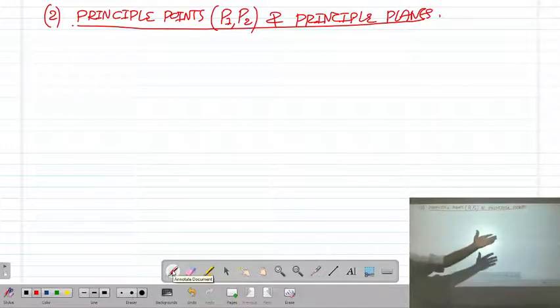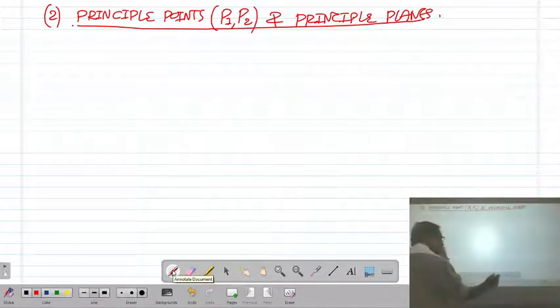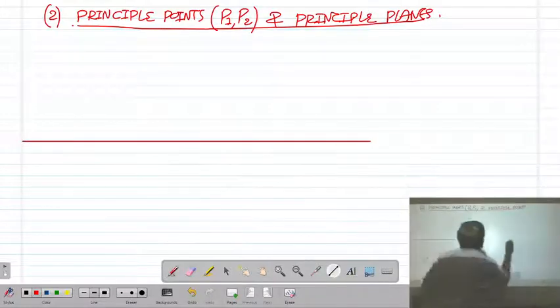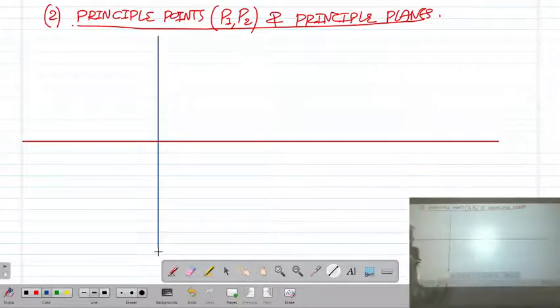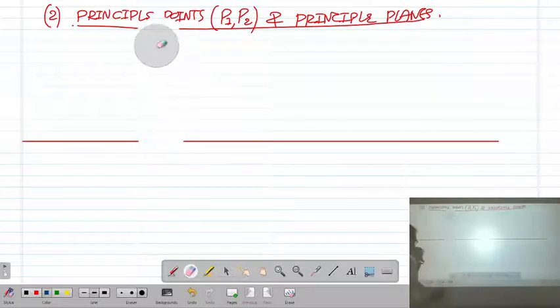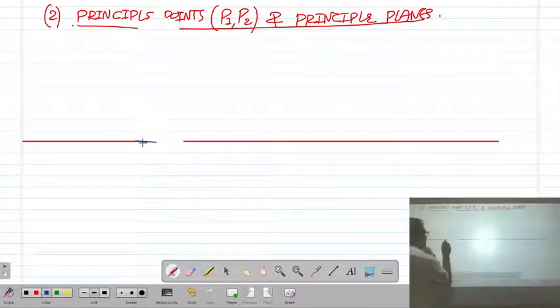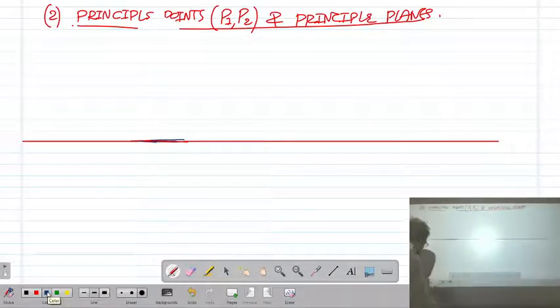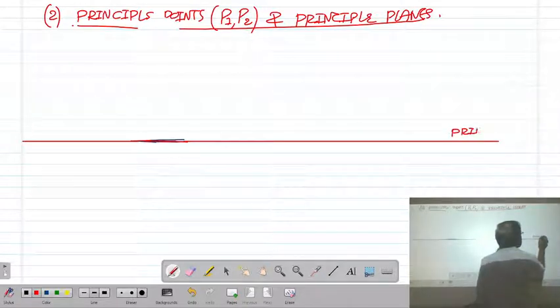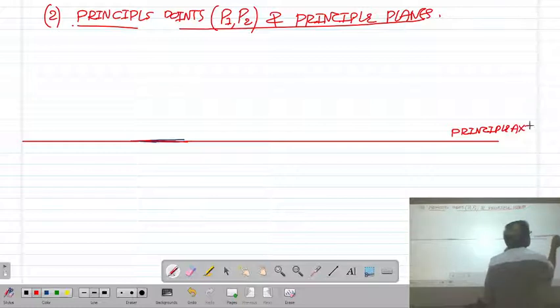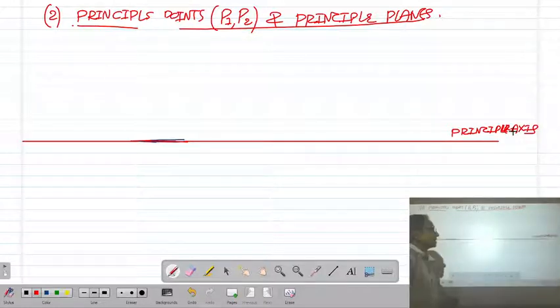For that, again, we consider a lens system consisting of two lenses L1 and L2. This is the principal axis.